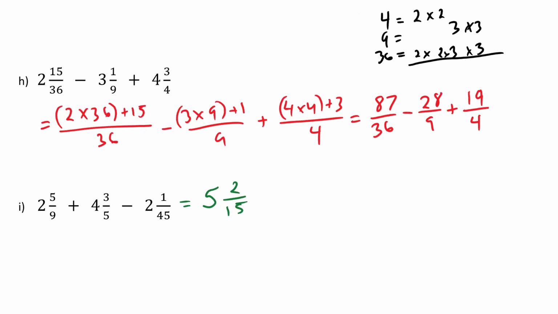We combine these together, bringing down common values here. We have 2 times 2 times 3 times 3, which is going to be what? 4 times 9, which is going to be 36. So 36 here is our lowest common denominator. Multiply 9 times 4 to get 36. Multiply 4 times 9 to get 36.